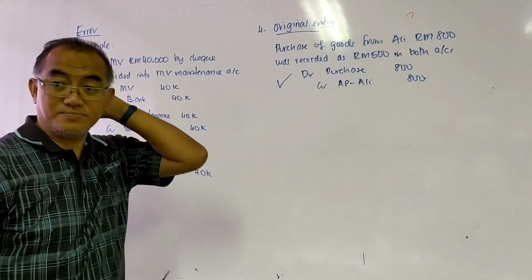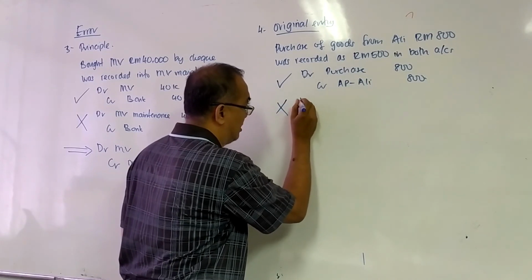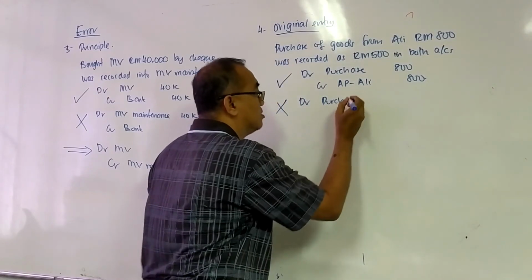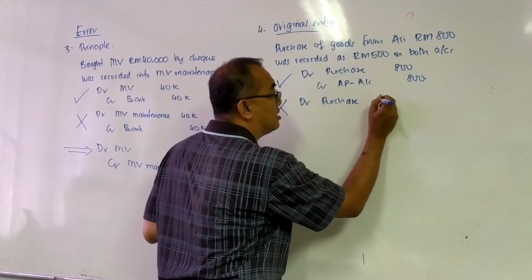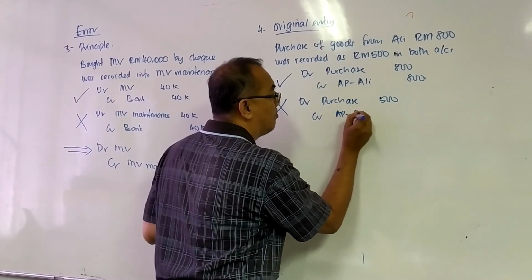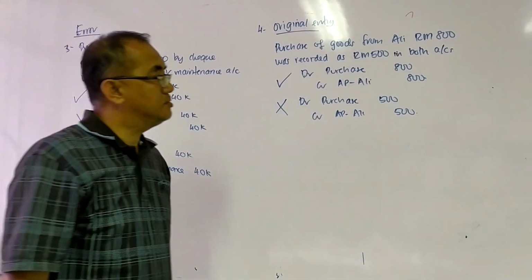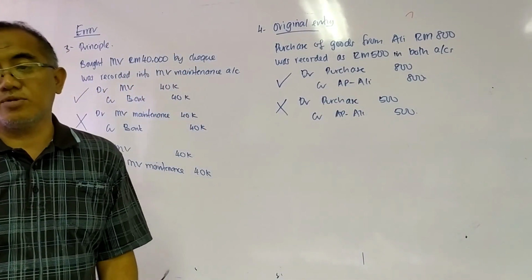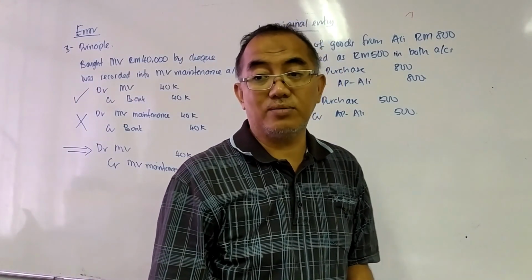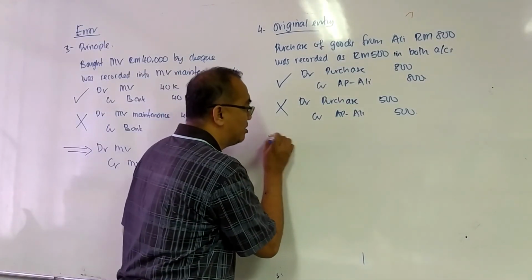But you have recorded it wrongly as 500 in both accounts: debit purchase 500 and credit AP Ali 500. It still balances, because the debit amount is the same as the credit amount. So how do you do the correction?